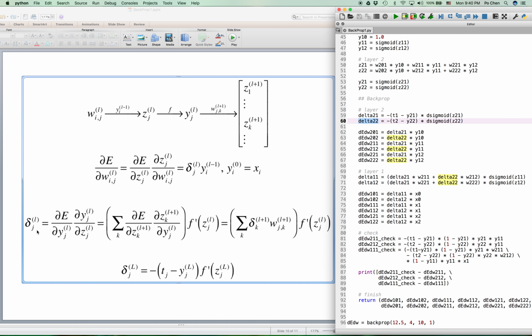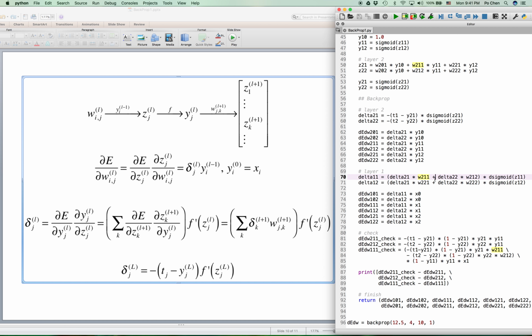So when j equals 1, delta 1 1 here is going to equal what? Delta L, 1 plus 1 is 2. So when k equals 1, it's delta 2 1 times W 2 1 1.